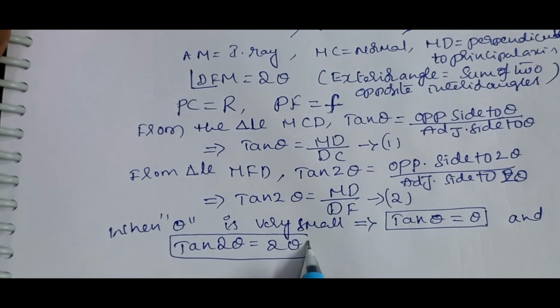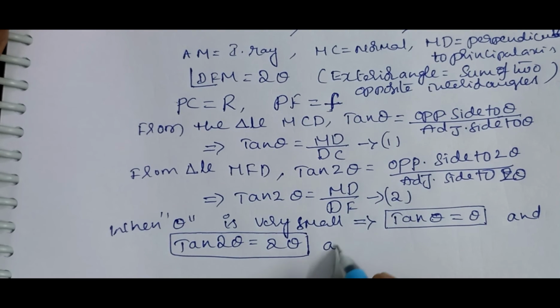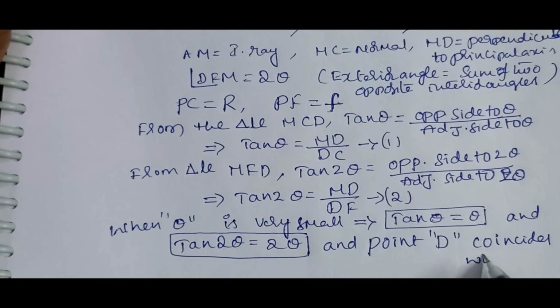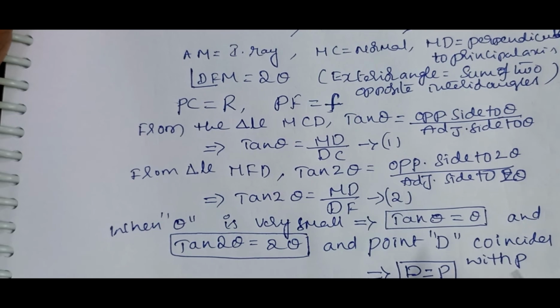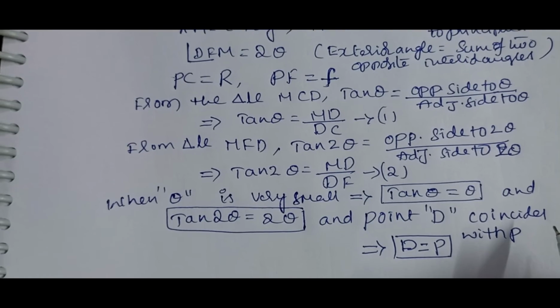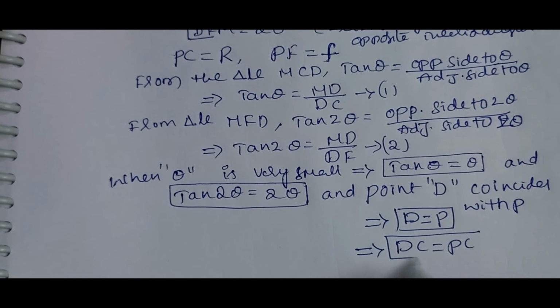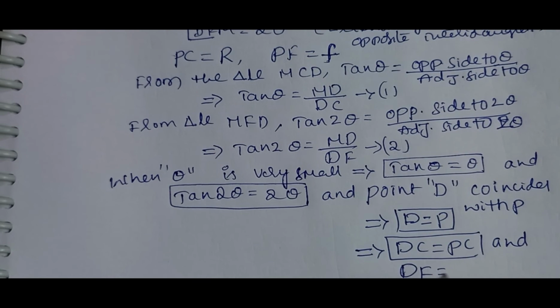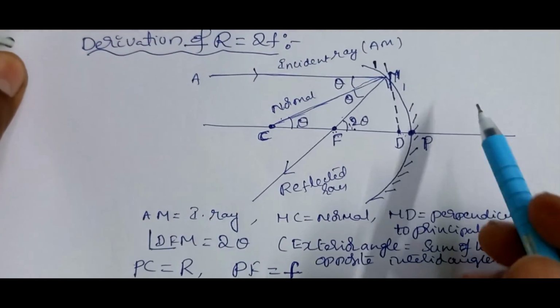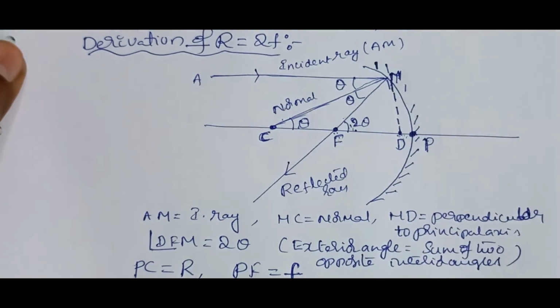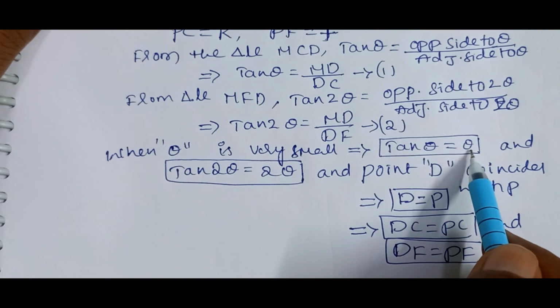Also, point D coincides with P, so D equals P. This means DC equals PC and DF equals PF, because as theta is very small, D is touching P.